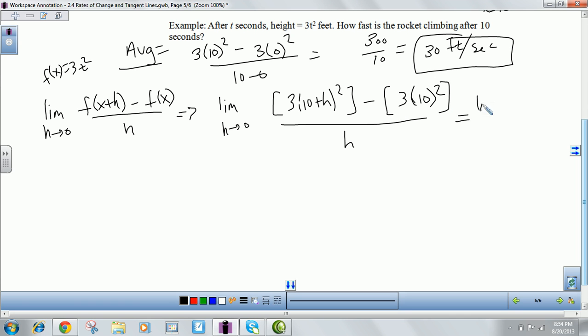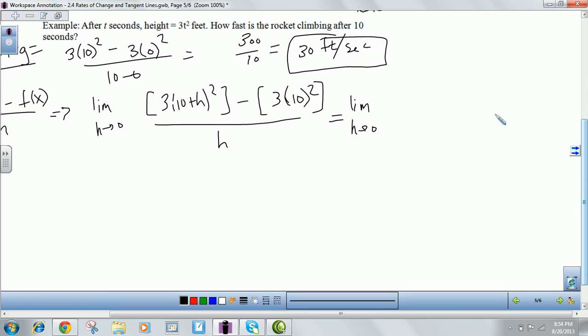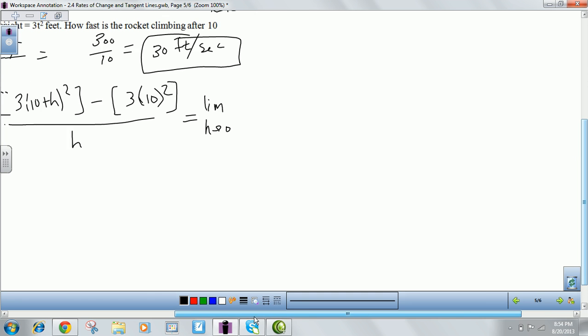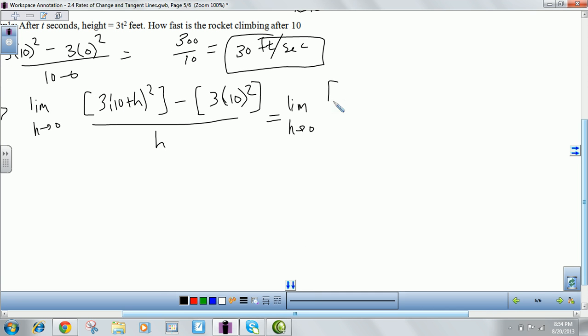you would have the limit as h approaches 0 of 3 times the quantity of 100 plus 20h plus h squared, all that minus 300, all over h.